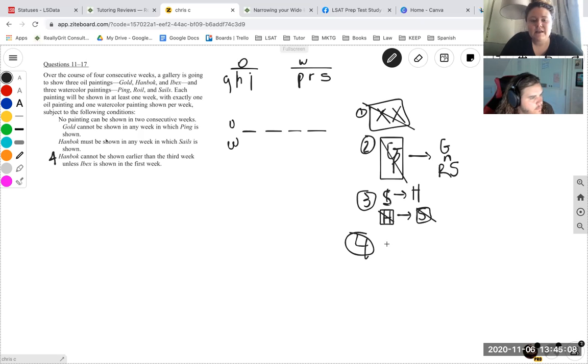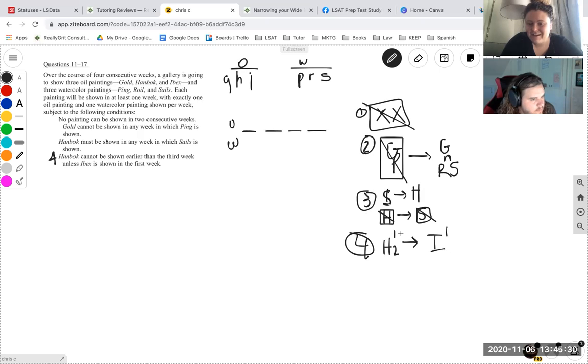Okay, yeah, this would happen. So if H is shown in the 1st or 2nd week, what does that mean? I has to be in 1. Yes. Has to be in the 1st week. These are the same type of painting.